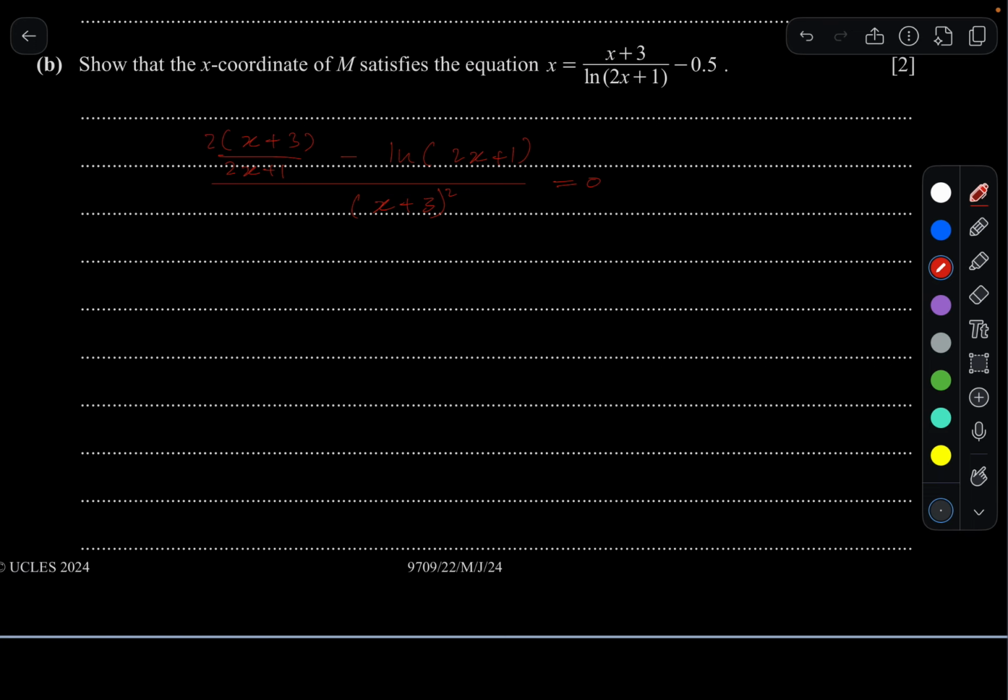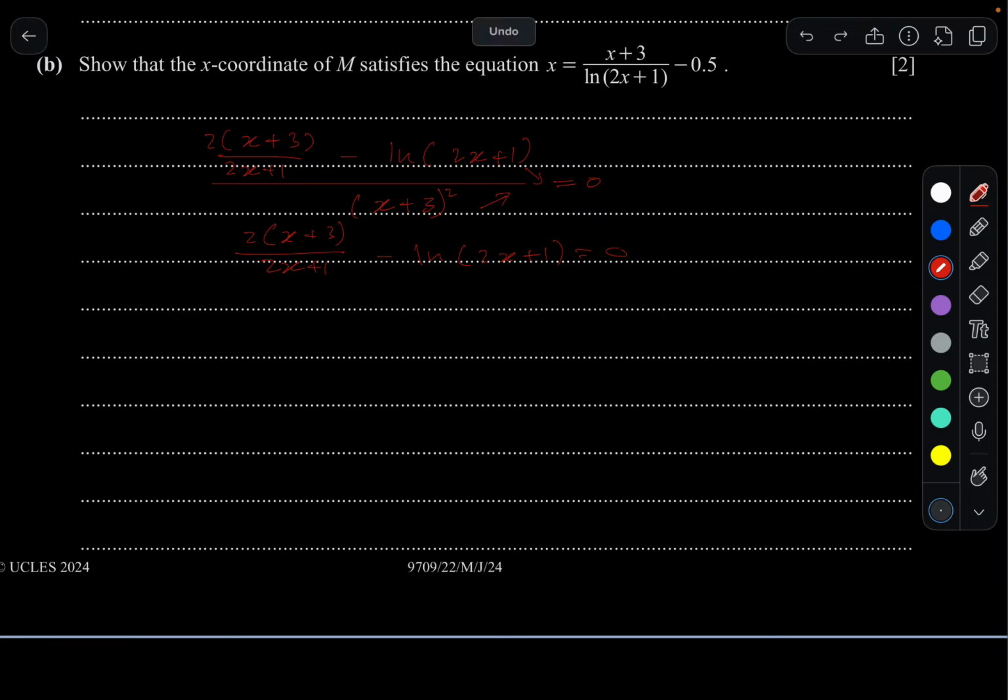And then from there onwards, we know that the denominator will basically vanish, because we're going to say this guy times 0, and then the top part is going to be times 1, so it will still remain. So, okay, now we have ln of 2x plus 1 equates to 0. Now, we're going to multiply both sides by 2x plus 1. We just need to make x the subject, sorry.